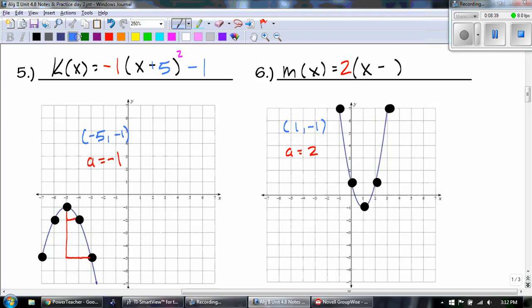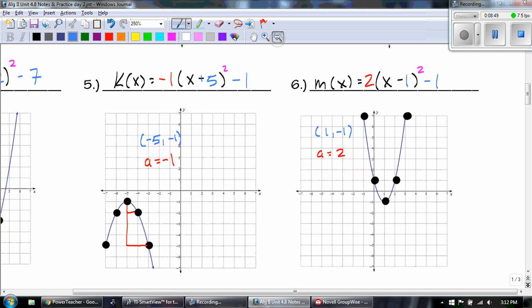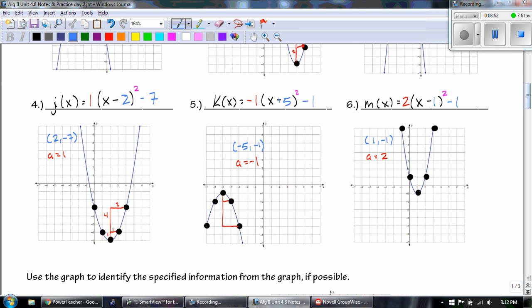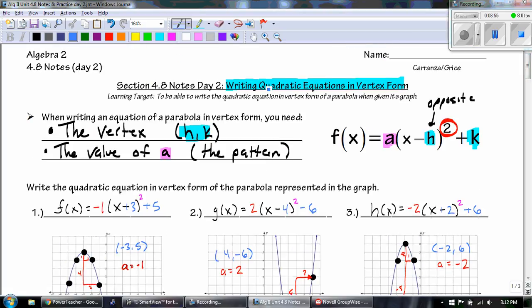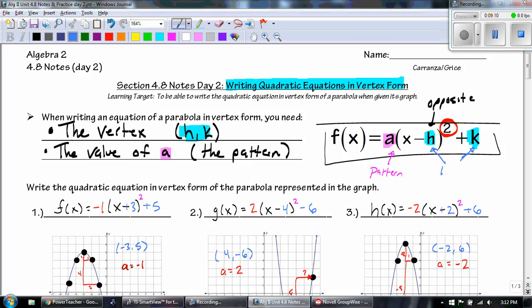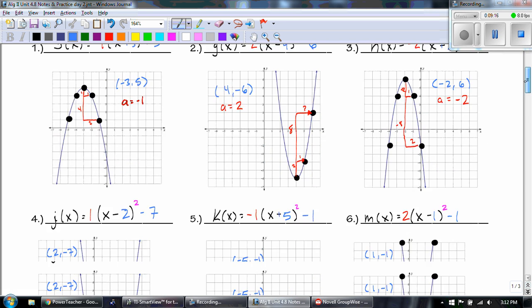It's going to be x minus 1 squared, and then -1. All right, how do you guys feel about that? All right, just remember that all we're following is this pattern up here, f of x. a is our pattern. And the h and the k right here, that's the vertex. Okay? That's all we're doing.